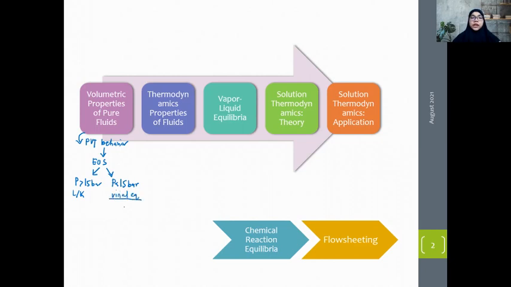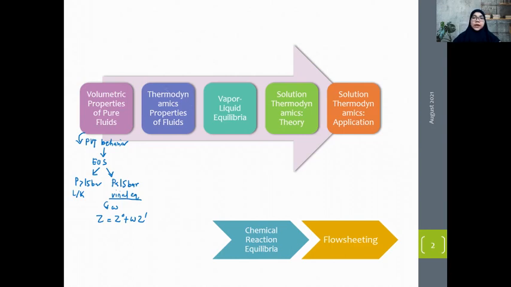The virial equation relates to the acentric factor of that particular property, for example, in determining the compressibility factor. We use this equation if the system is not an ideal solution. And next, we move to the thermodynamic properties.